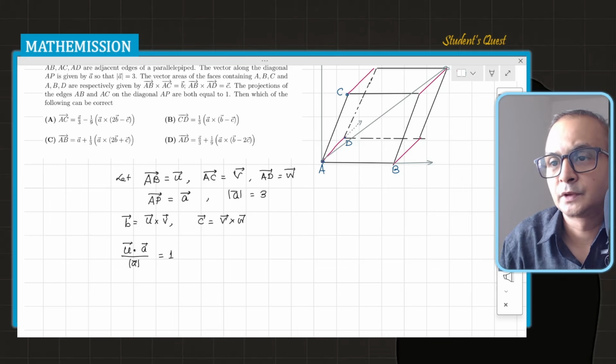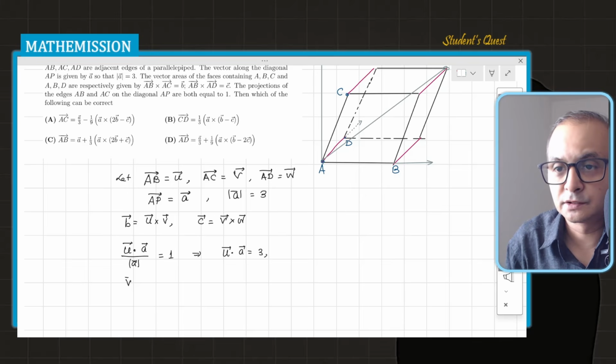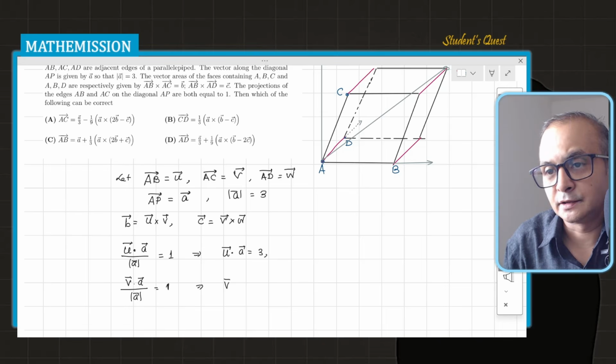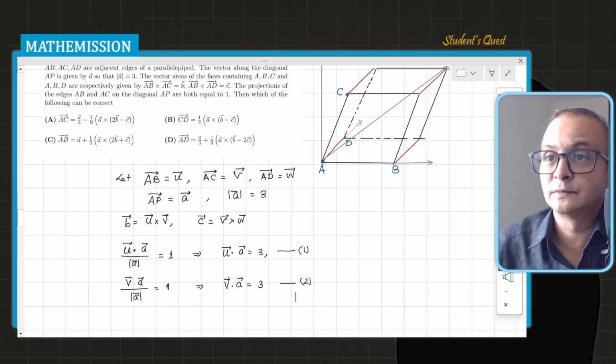So I'm going to use it. So this will give you U dot A is equal to 3. Similarly, V dot A divided by magnitude of A is again 1. Therefore, V dot A is again 3. So these are the information. Let's just call them 1 and 2 so that we can identify where to use them.